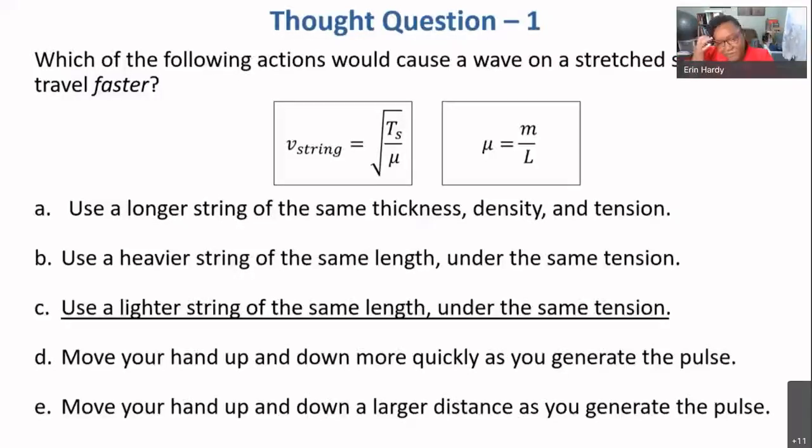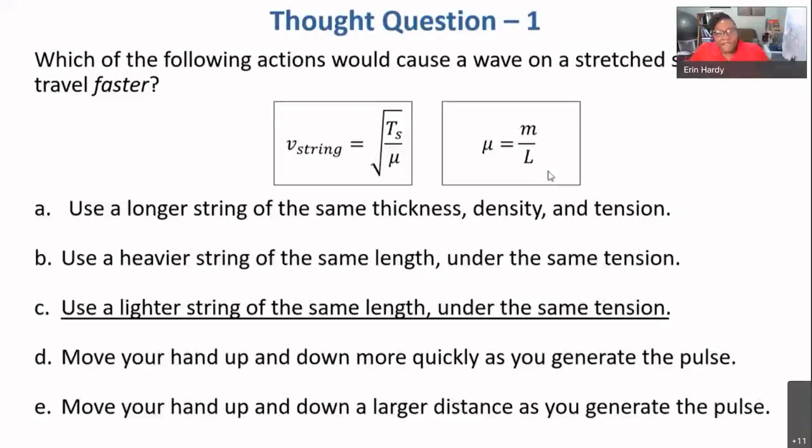The look of the wave would change, or the shape is probably a better term, but the shape of the wave that you observe is directly dependent on how you're moving your hand. So there's not one way that you could change the range or the speed of your hand without changing the shape of the wave. So D and E wouldn't actually result in any change in the wave speed.